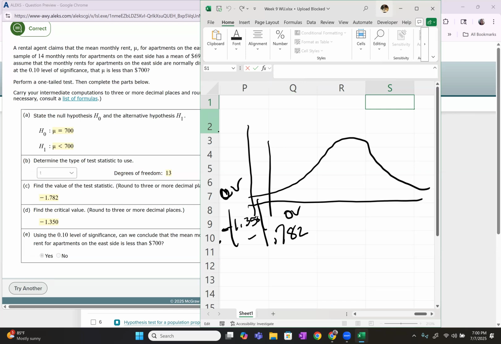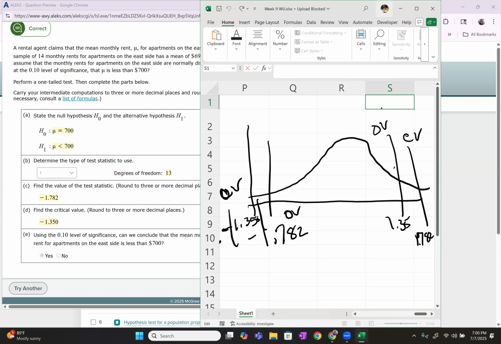In this case, let's think of the positive side of it. This is the 1.35, and here's the 1.782. If OV, observed value, here's CV.